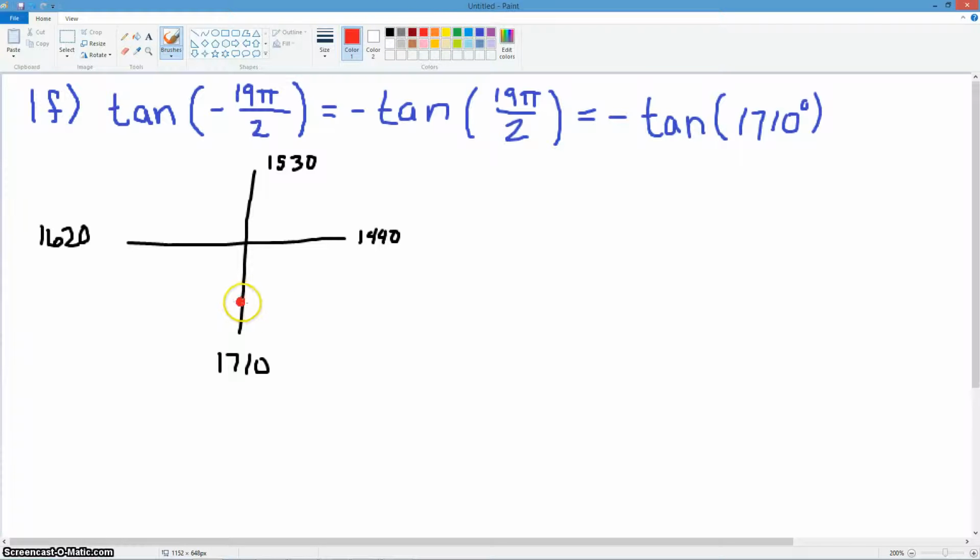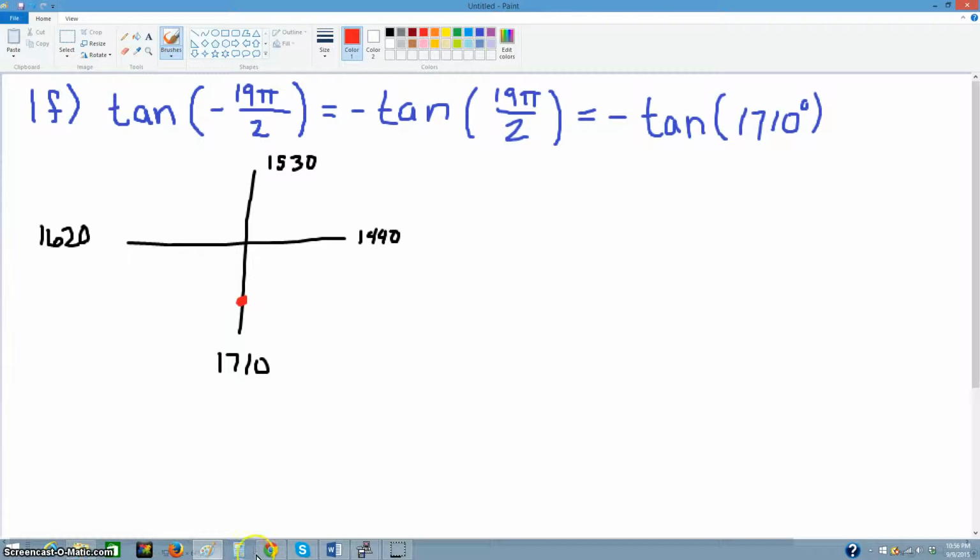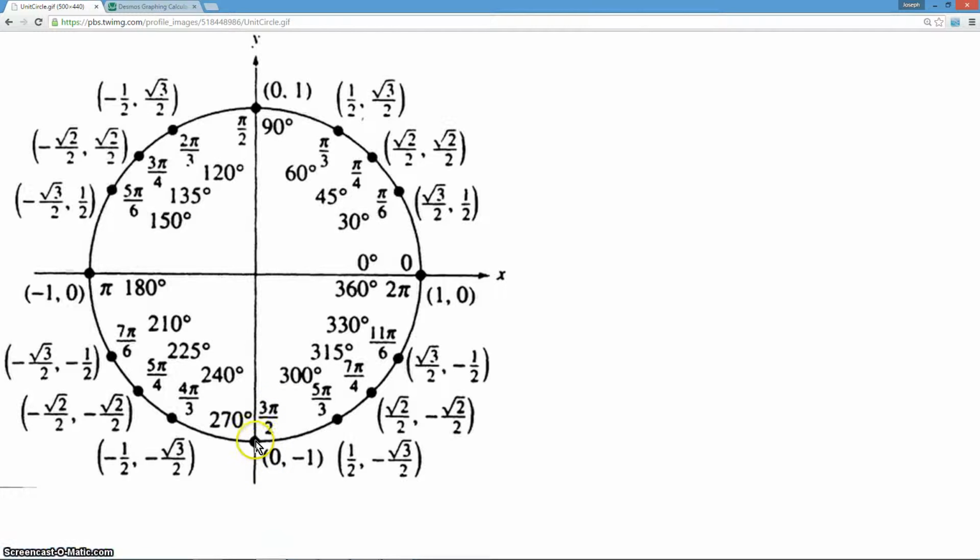I'm going to plot a point there. So I'm not actually able to create my triangle. But if you remember, this point on the unit circle is 0, -1. No matter how many times it goes around the circle, and no matter what degree or what angle it is, it's going to have the same coordinate, 0, -1.